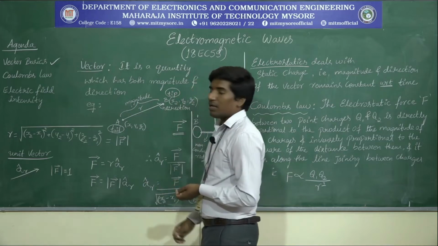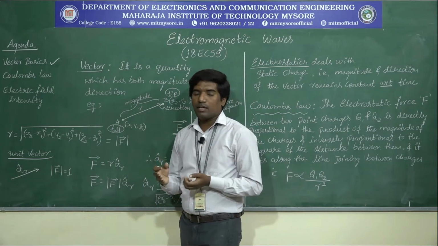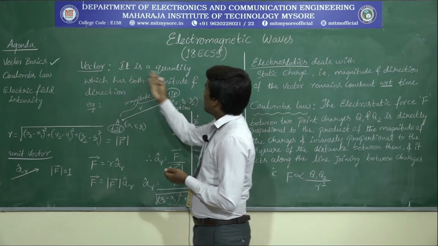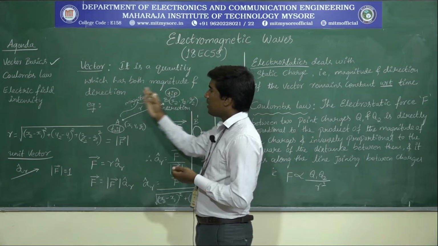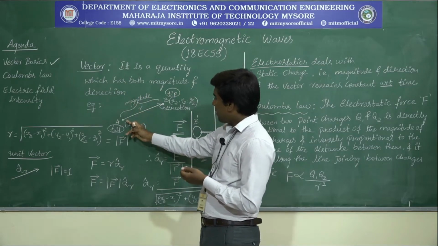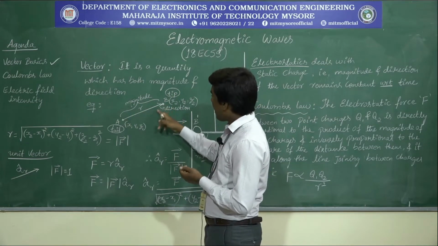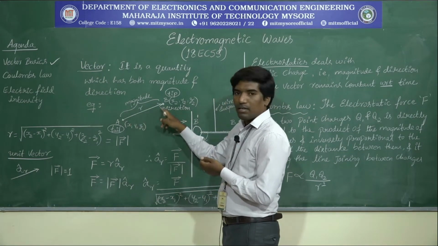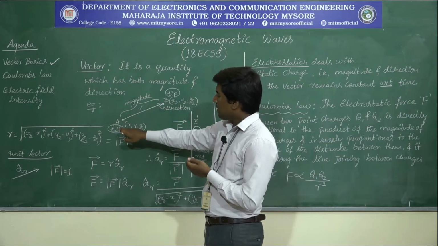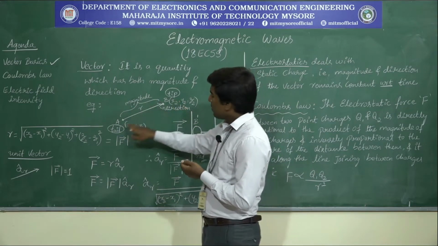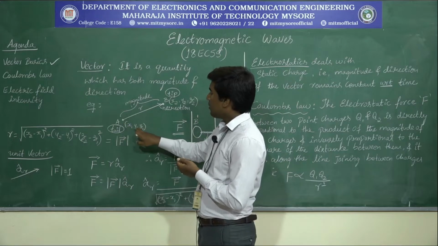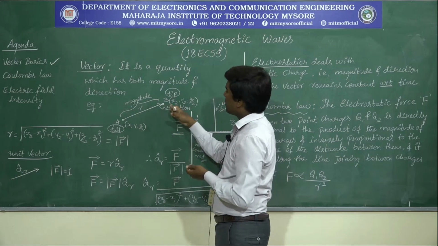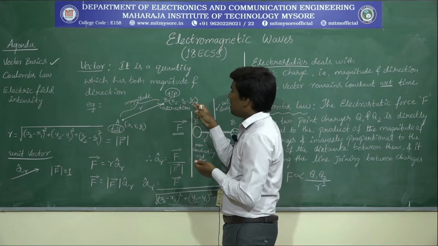Let us see the vector basics first. What do you mean by a vector? A vector is a quantity which has both magnitude and direction. It is represented by a line segment with an arrowhead, with a tail and a tip. The tail coordinate is x1, y1 and z1, and the tip coordinate is x2, y2 and z2.